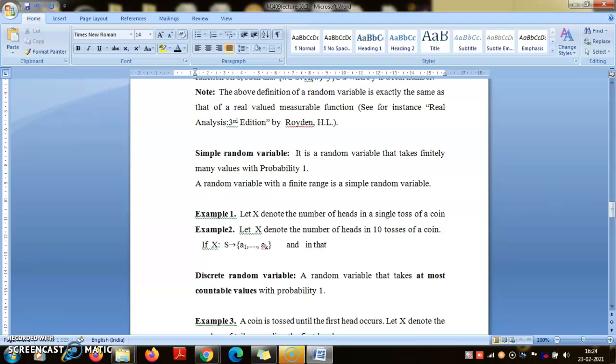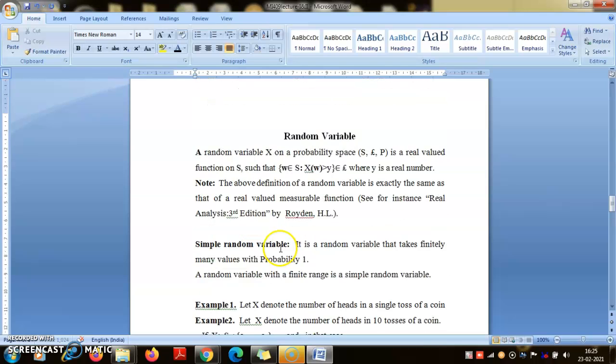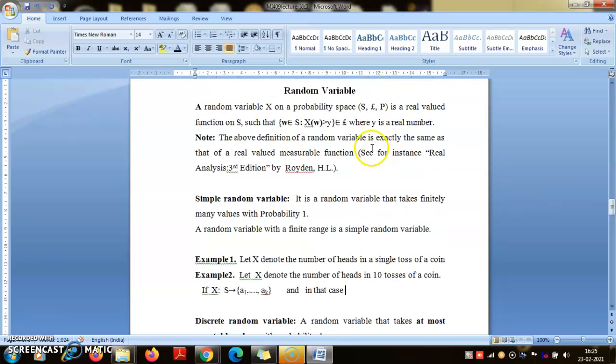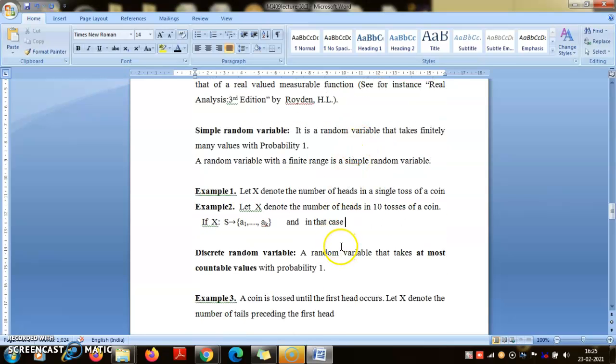By the way, I leave it as an exercise to check that whenever the range of X is finite, this condition of measurability will be automatically satisfied. So you don't have to bother about this condition; it is already set in that case.